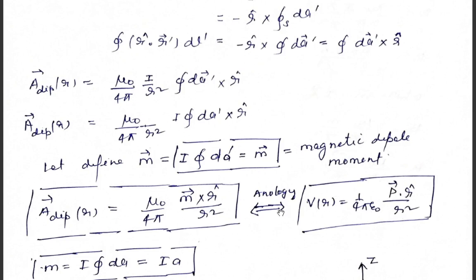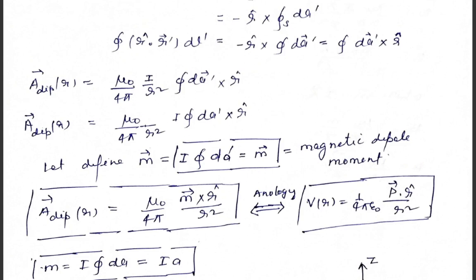So this is a complete analogy between electrostatics and magnetostatics. But there is a difference here. In that case we defined the electric dipole moment; here we have defined the magnetic dipole moment. There it was a dot product, here we have a cross product. That is the difference. Here we have m cross r unit vector, there p dot r unit vector, and both have 1 over r square. So it is very easy to remember.